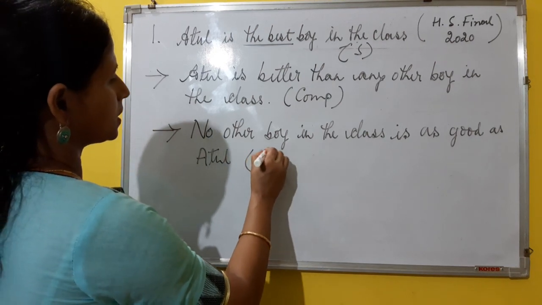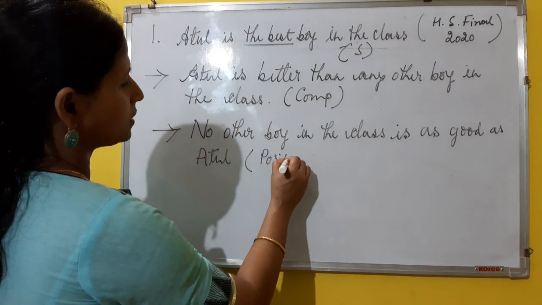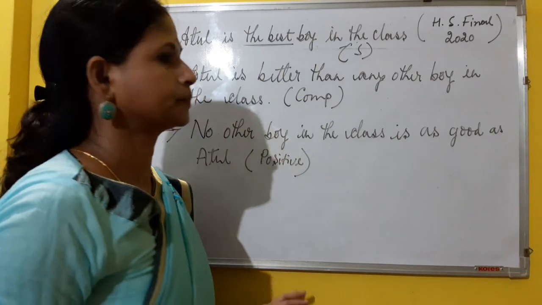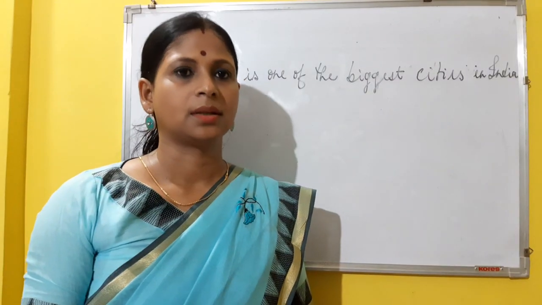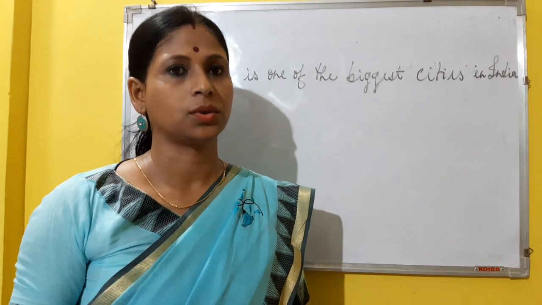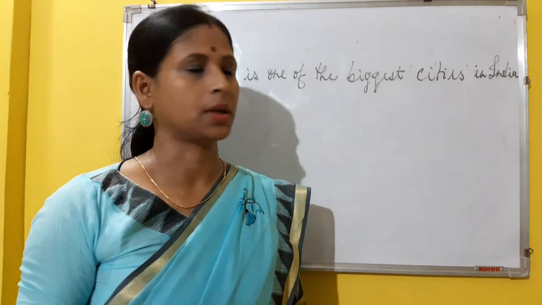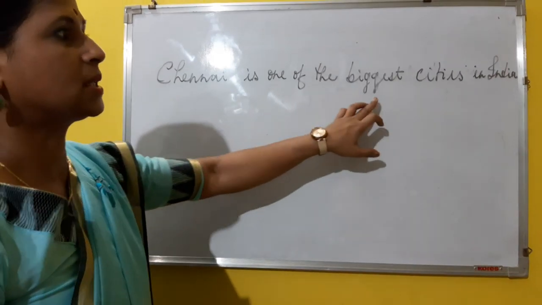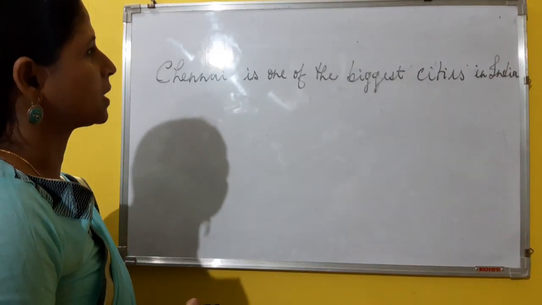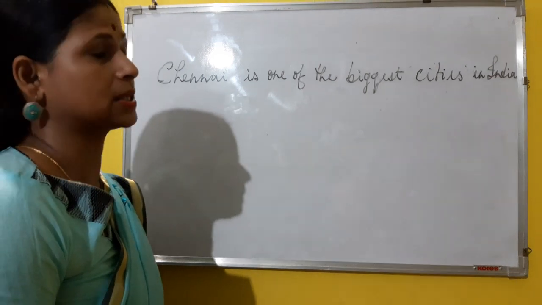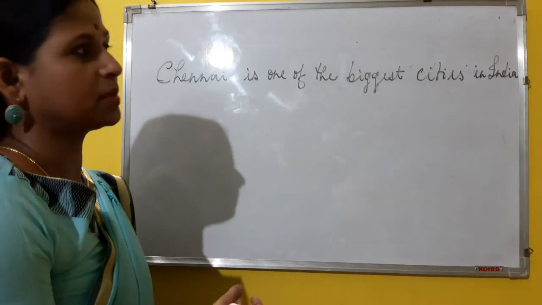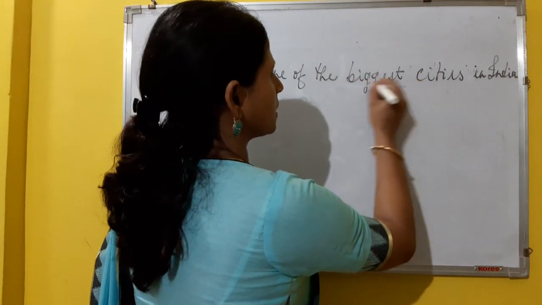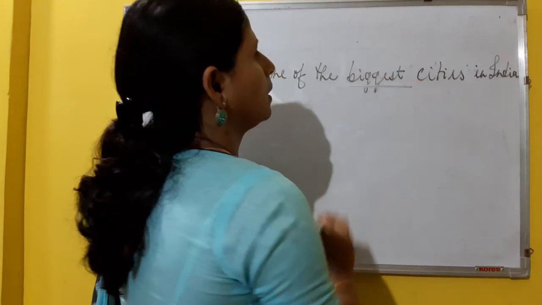So this is in the positive degree form. But the next sentence that I am going to show you all is a bit different. Chennai is one of the biggest cities in India. It's not mentioned as the biggest city. It is one of the biggest cities in India. Still, of course, this is in the superlative form.